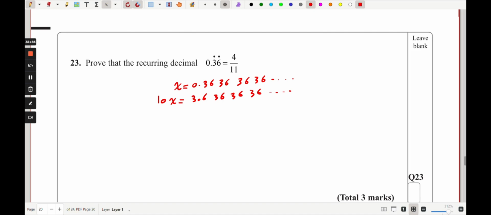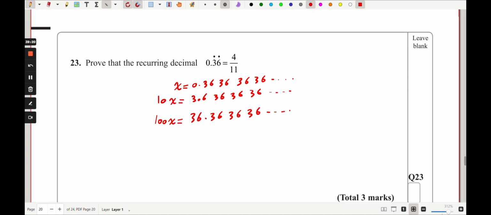So we need to have 36.36 to be able to do the subtraction well. So I will multiply this 10x by 10 again. I will get 100x equals 36.36, and so on.